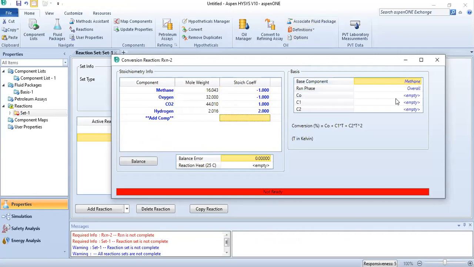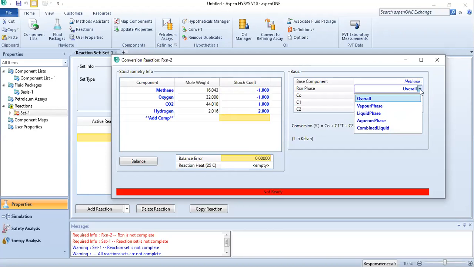Here also we have the limiting reagent as methane only, not oxygen. So by default we will take the base component, that is the limiting reagent, as methane. And for the reaction phase, see, here we are considering the overall reaction phase.